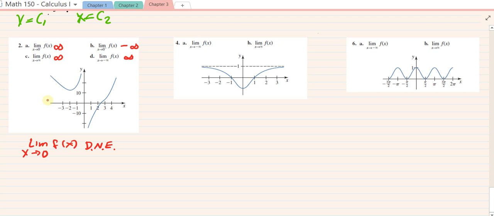In exercise number 4, the limit as x approaches negative infinity in part A. As x goes to negative infinity, the function is approaching the dotted line, right? Which is elevated at 1. So that's going to be the limiting value. So that limit is 1.